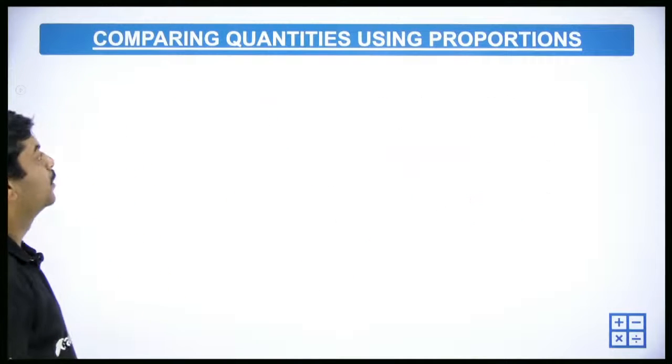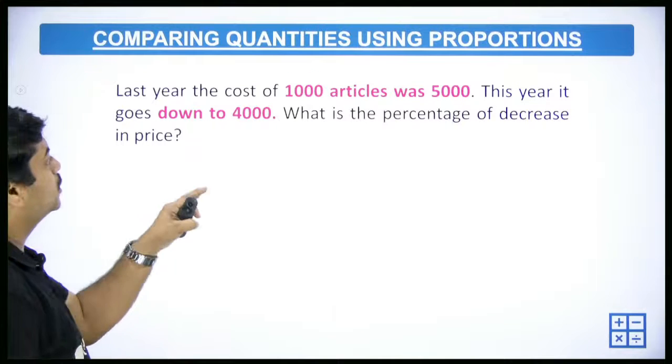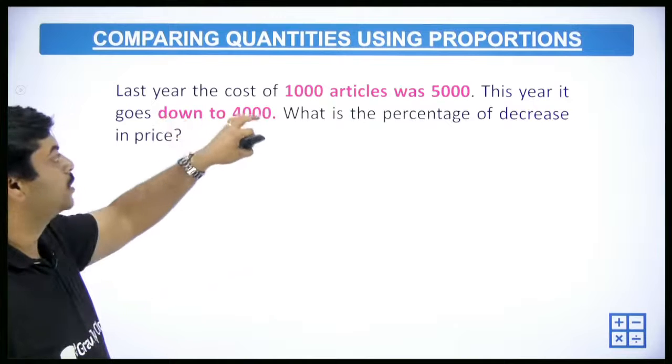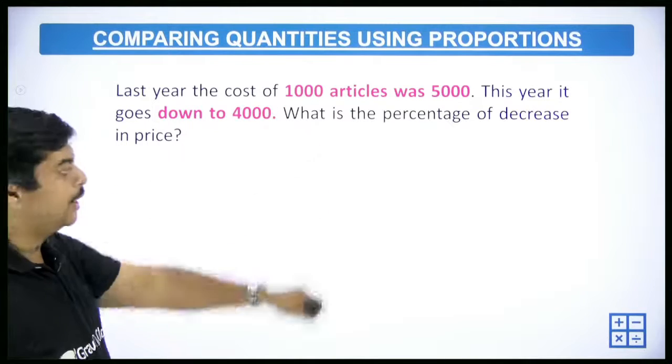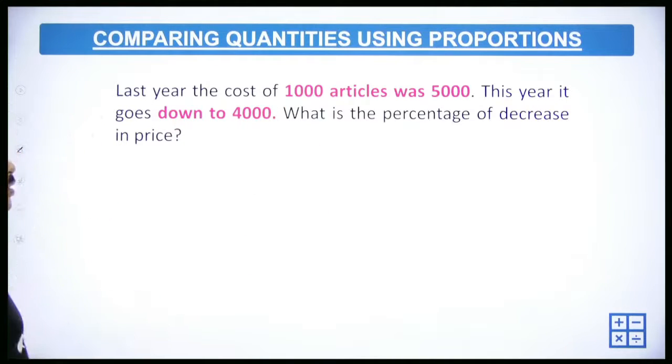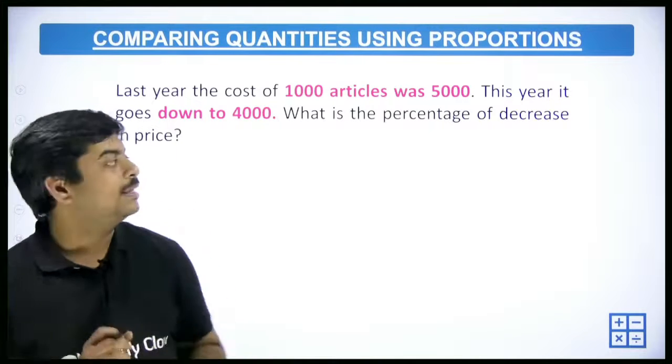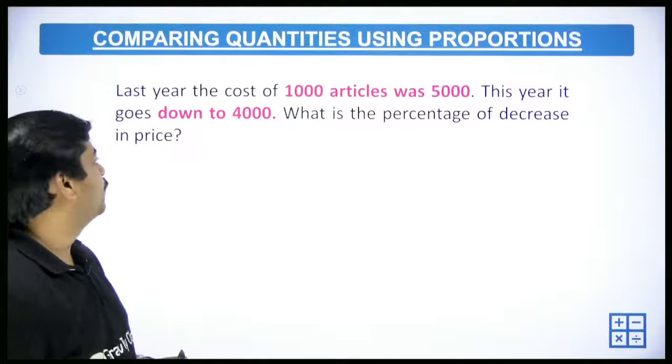Next one. Last year, the cost of 1000 articles was 5000. This year, it goes down to 4000. That means there is a decrease in price. What is the percentage of decrease in price?